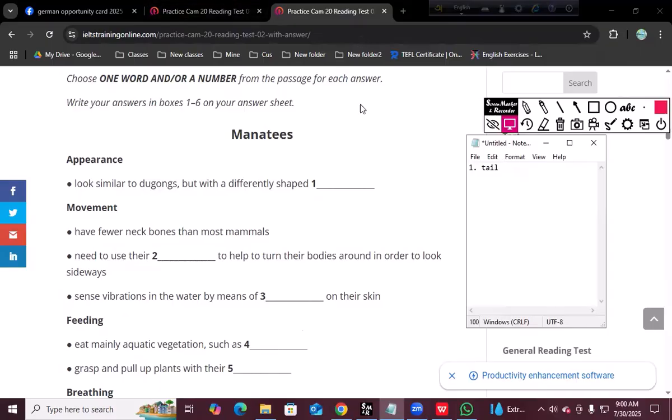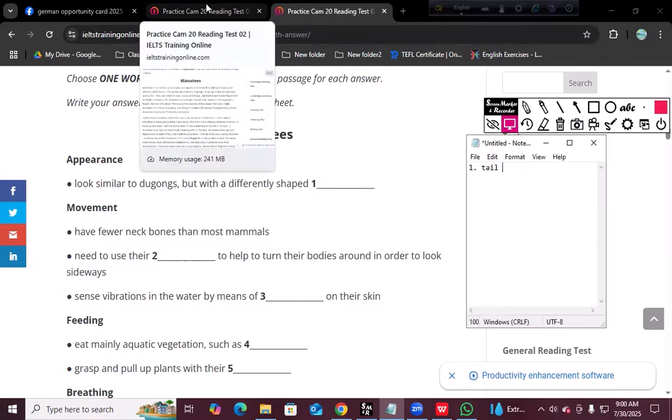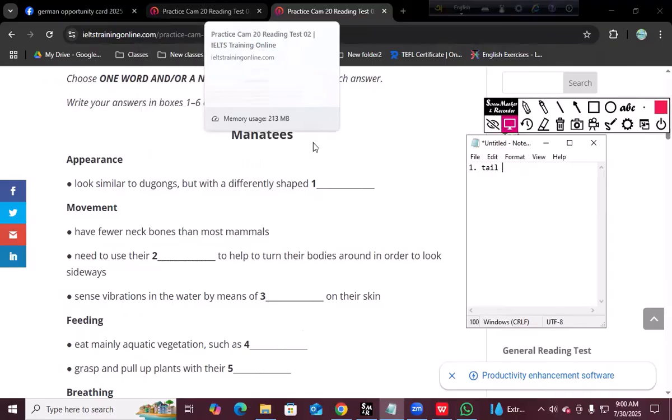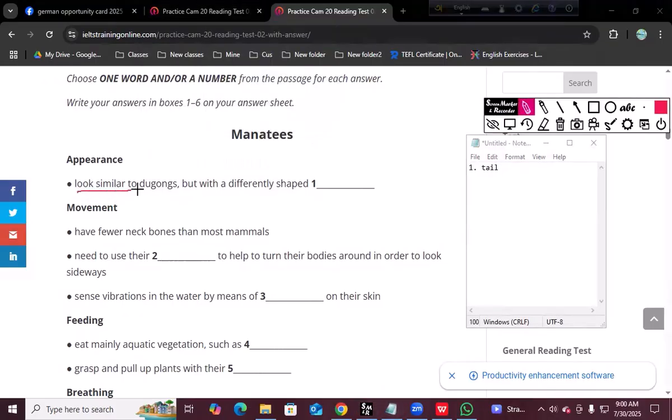Do you understand the answer? No, not properly. Okay, let me make it clear. In the question, they say looks similar to dugongs. That means manatees look alike to dugongs, but with a different shape.